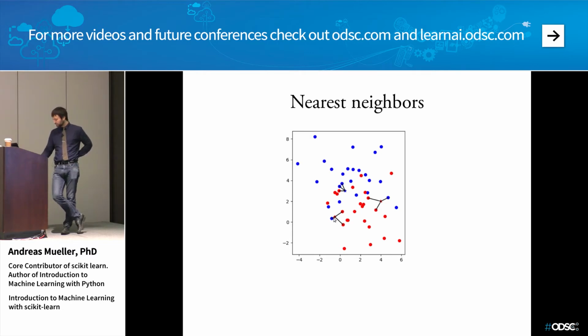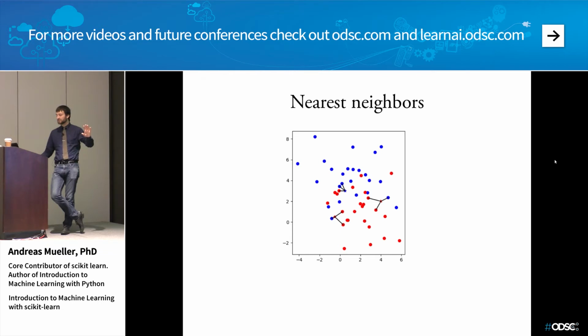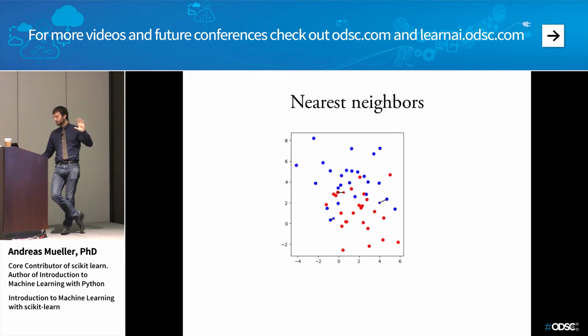Here again, for this one, 1 is blue, 2 are red, and I label it red. Here, 2 are blue, 1 is red, so I label this blue. I didn't actually construct it that way consciously, but all of them flipped their label. So whether I use 1 nearest neighbor or 3 nearest neighbors makes a big difference.